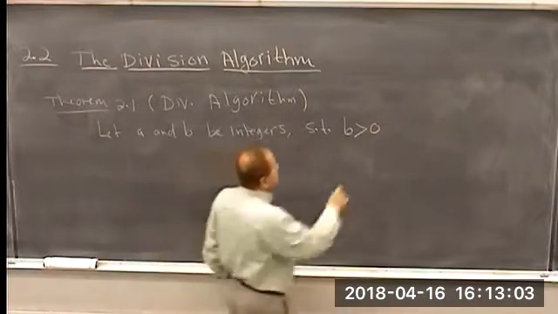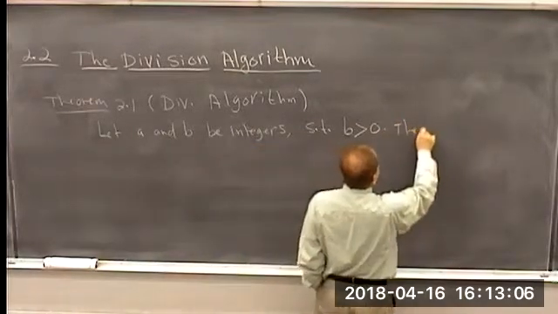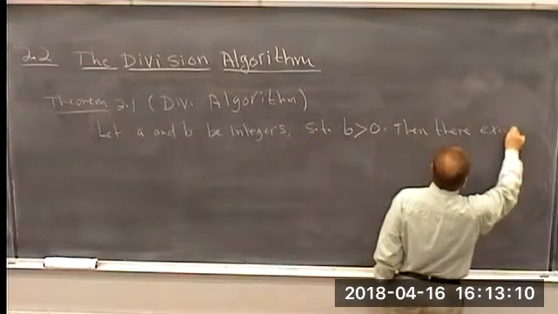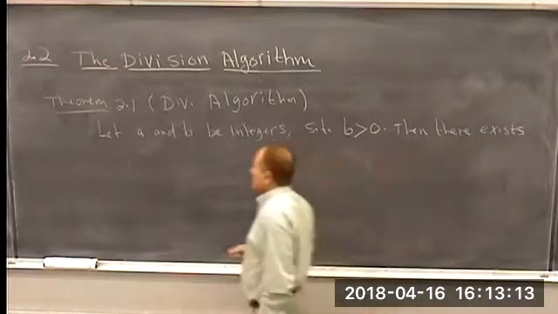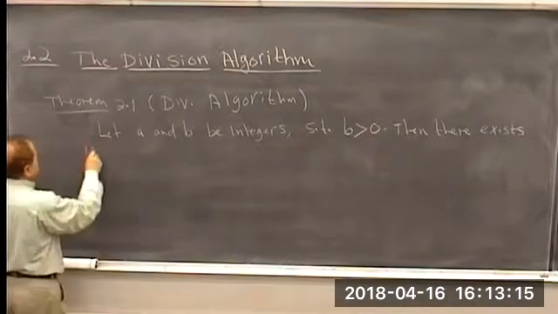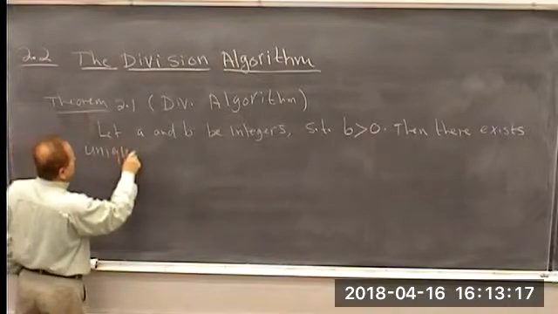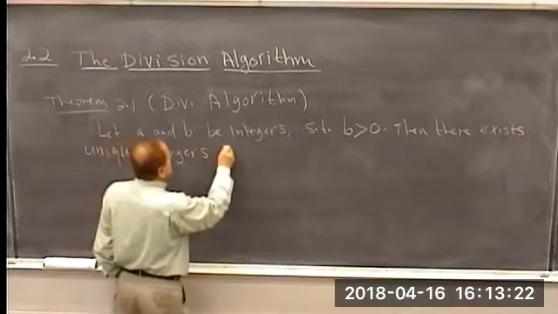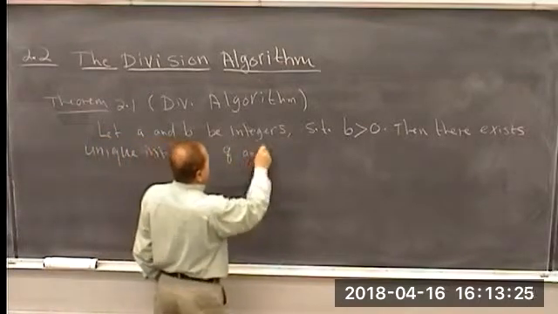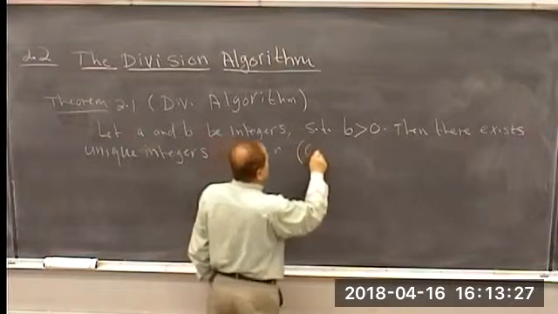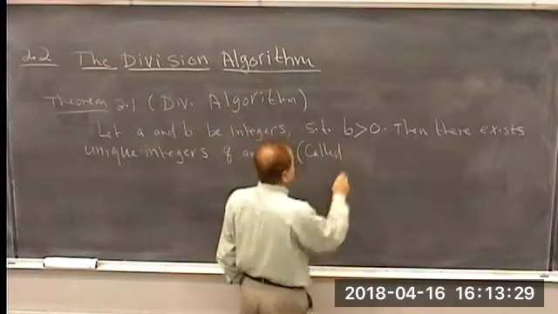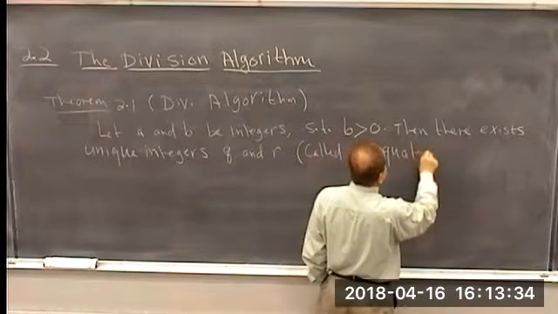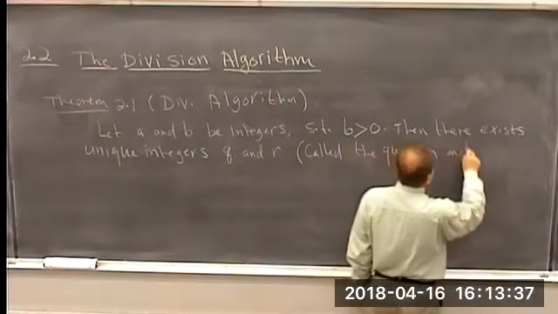All right, then there exist unique integers Q and R called the quotient and remainder.